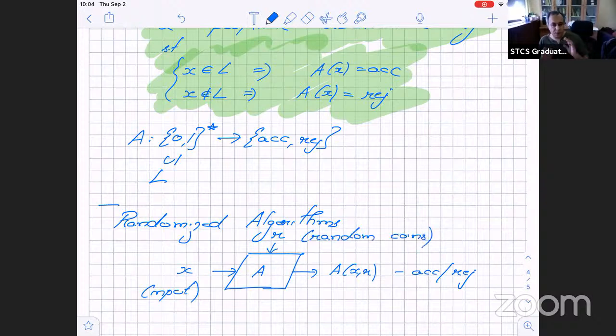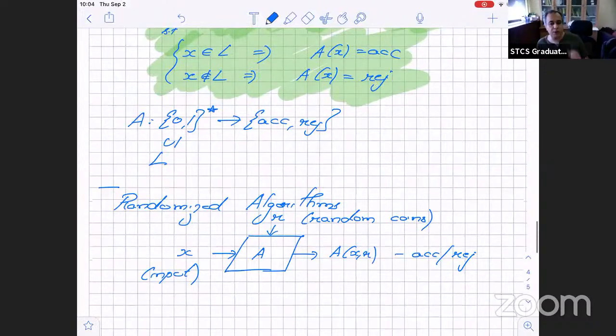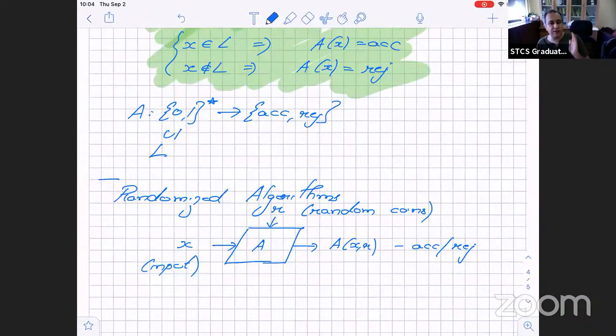for the next 5 minutes or so, we'll consider algorithms which for every input, irrespective of the random coins, run in a fixed polynomial time. That is, the amount of time the algorithm takes is not a random number. It's a fixed polynomial time.